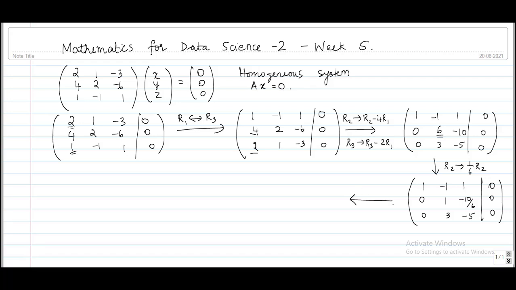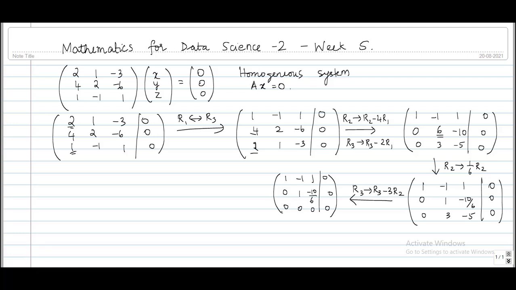Then we'll just do one more step and then go to the entries above the second row. So R3 shall be replaced with R3 minus 3R2. Then the matrix that we get is 1, -1, 1, 0; 0, 1, -10/6, 0; 0, 0, 0, 0. Okay, so we have obtained this row echelon form.